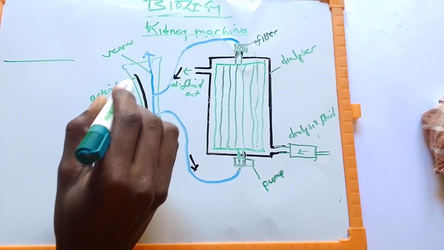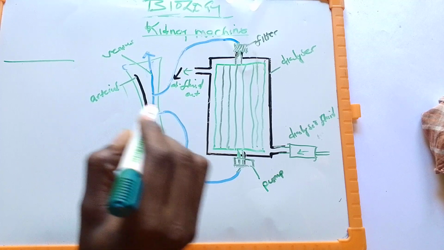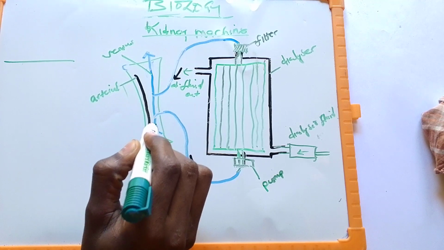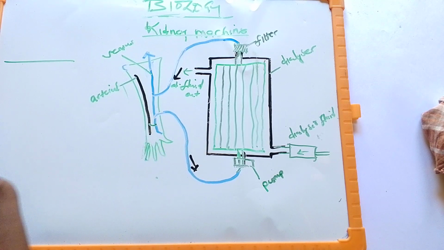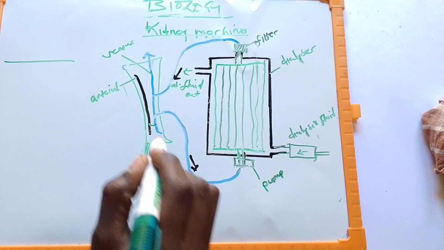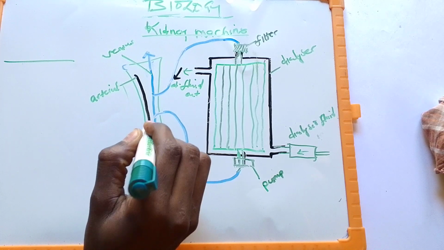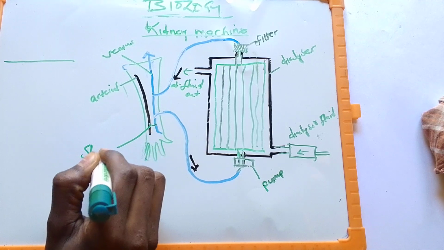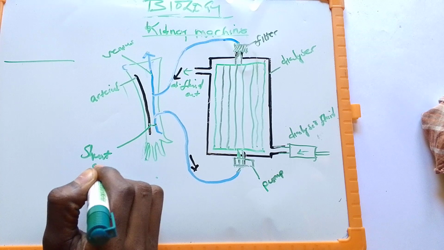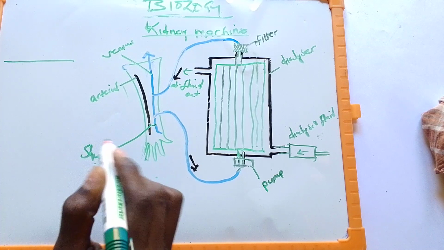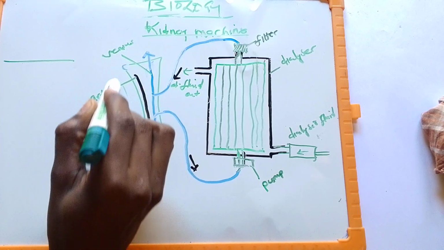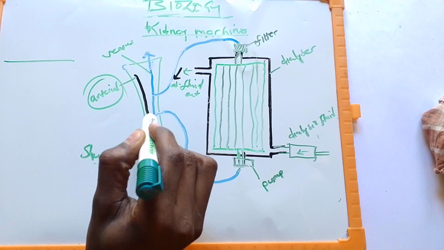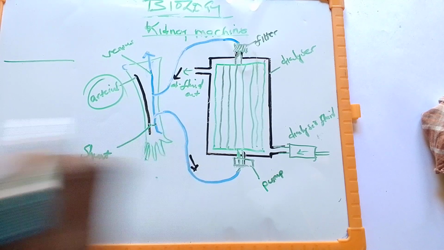So when the blood is coming from the arteries, they are going to form what we call the shunt vessel. Here we have a shunt vessel. This shunt vessel is responsible to transfer blood from the arteries, from this point, going into the veins.